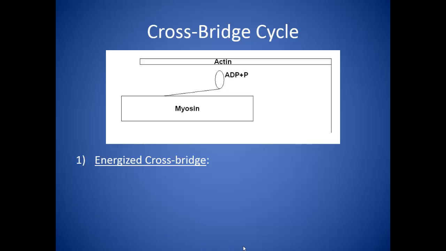And when adenosine triphosphate, which has a string of 3 phosphates attached to it as part of its molecule, has the bond between the second and the third phosphate broken, you get ADP, which is adenosine diphosphate, and then an individual phosphate group, and some energy is released. Well, it's that energy which actually causes the crossbridge to go into the energized position.